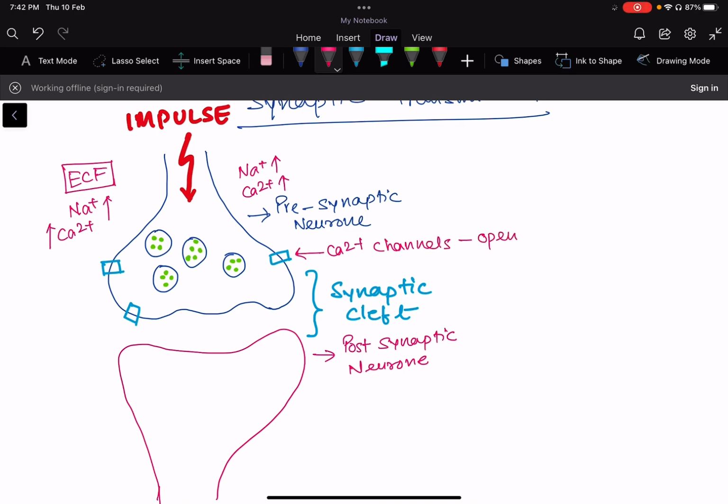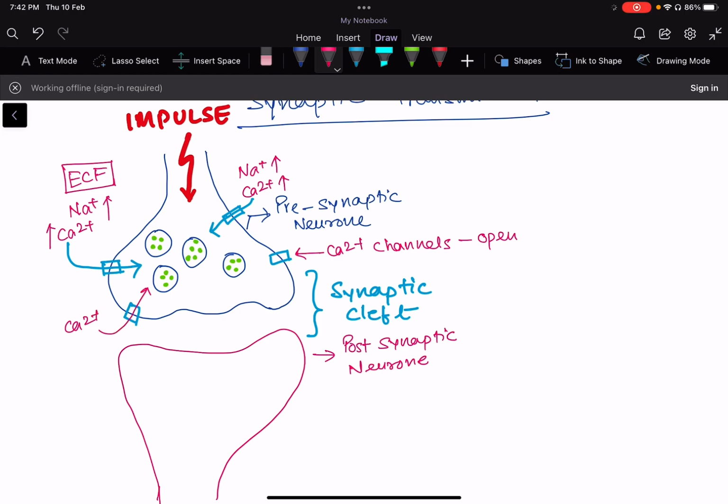Let's say these are also calcium channels, and this calcium channel is now opened. As a result, the calcium ions will enter into this presynaptic neuron. This calcium ion is also entering, and this calcium ion enters as well.